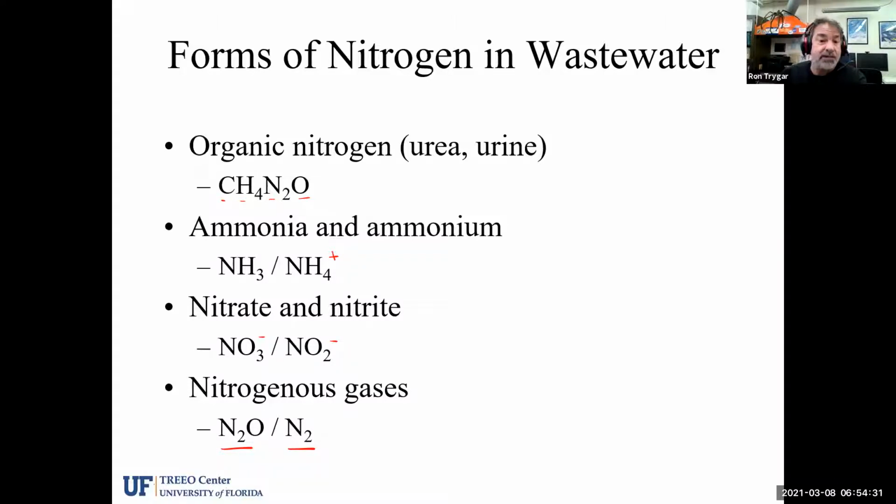So back to the atmosphere it goes, into the air that we're breathing right now. There is a certain percentage of nitrogen gas in each cubic foot of air that we're breathing. Depending on where you are, that percentage can be higher or lower than in other places, but generally the nitrogen gas is going back to the atmosphere.